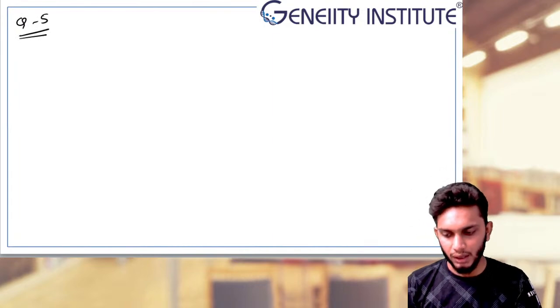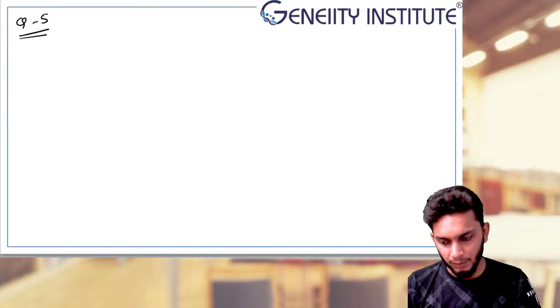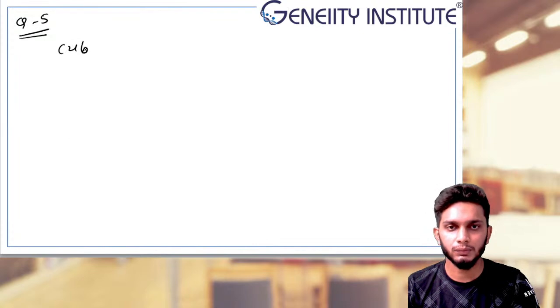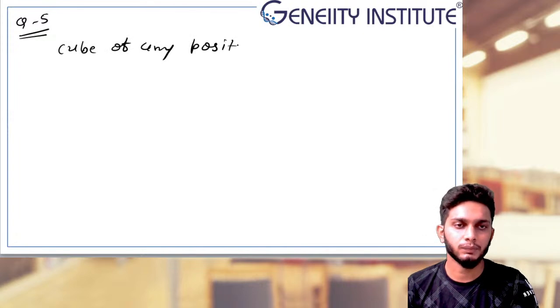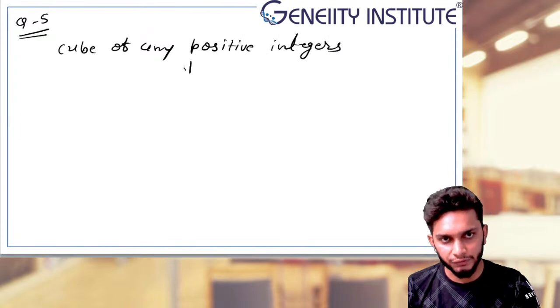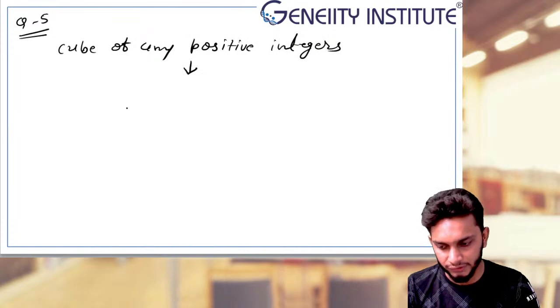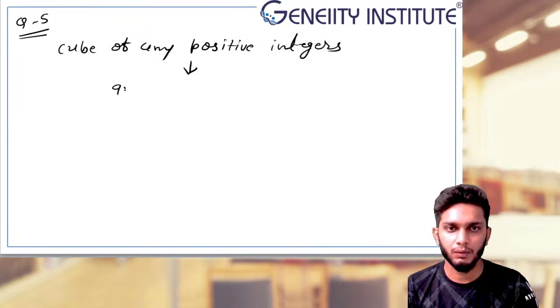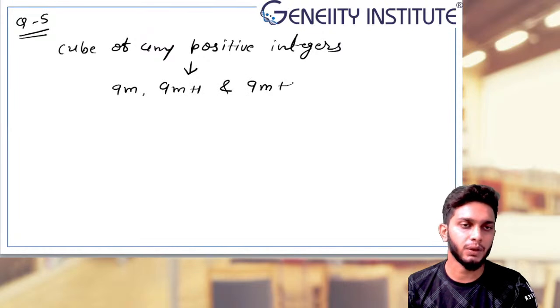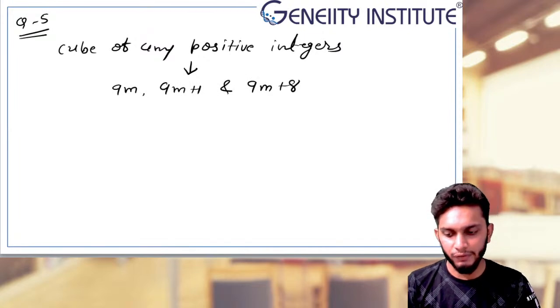In that question, they ask: use Euclid's division lemma to show that the cube of any positive integer is of the form 9m, 9m plus 1 and 9m plus 8.